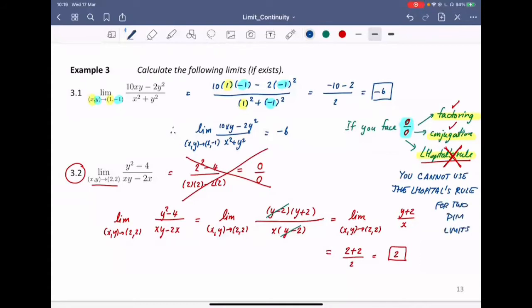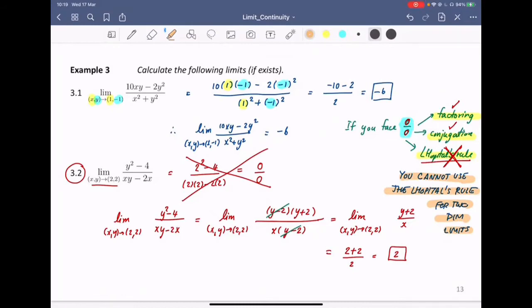There's no theory about L'Hopital rule in 2 dimensions. When the French mathematician L'Hopital developed the theory, it was only in one dimension. So in two dimensions, you cannot use the L'Hopital rule. Forget about it. You cannot differentiate the top one and bottom one. Okay, that's good.